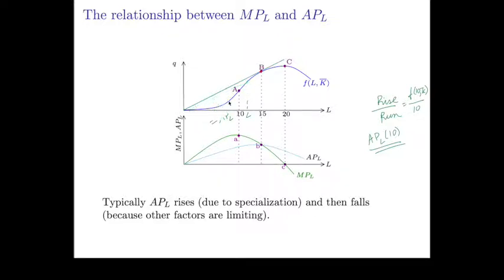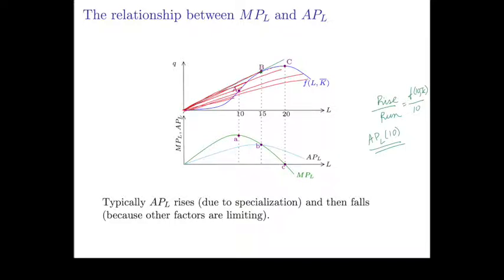So what we see here is that the average product of labor is increasing until we get to B. If we draw a bunch of straight lines, they're getting steeper and steeper until we get to B. But then when we pass B, they're getting flatter again.